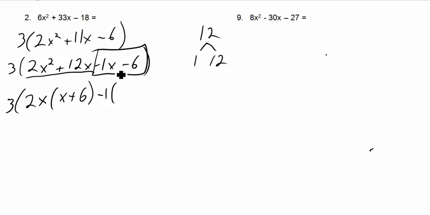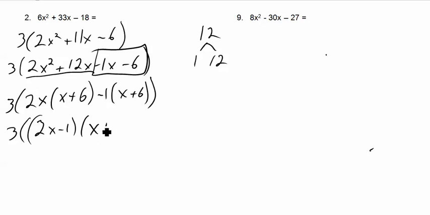Okay, and then we can think about dividing those, but it's just going to be this. Oh, we have all these parentheses now. So last step, 3 times 2x minus 1, x plus 6. And actually, we don't need these parentheses here. We'll take that one out.